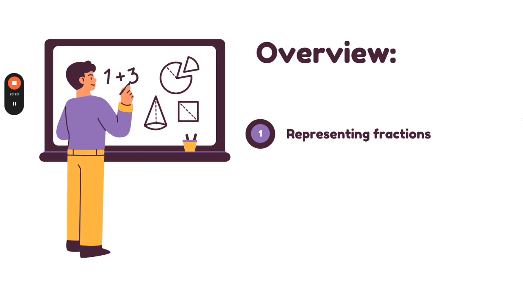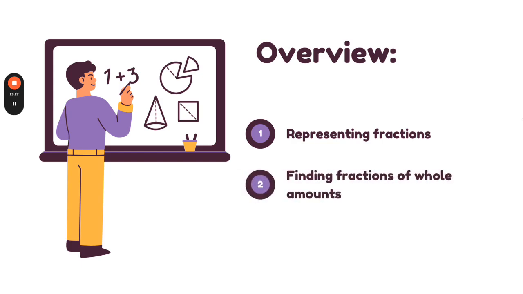So both numerator and denominator need to be found from the diagram. And we then looked at how to find fractions of whole amounts. For example, if I asked you to find 3/4 of 24 or 3/8 of 40, these are finding fractions of whole amounts.